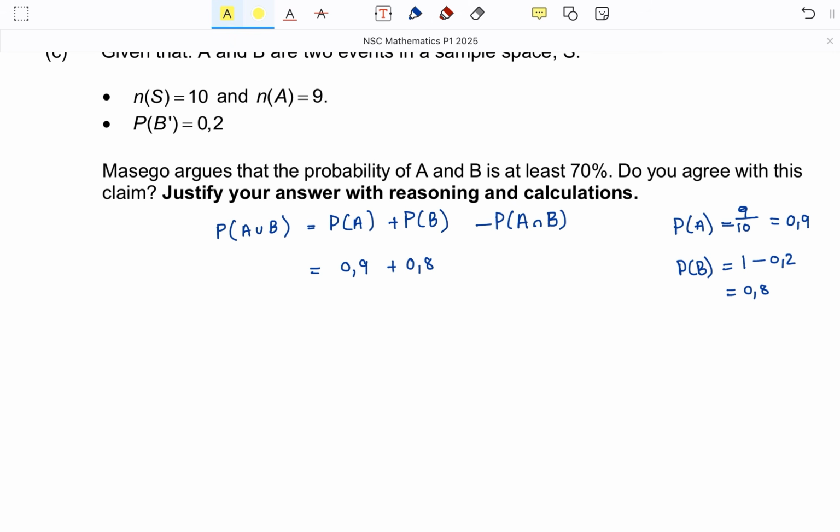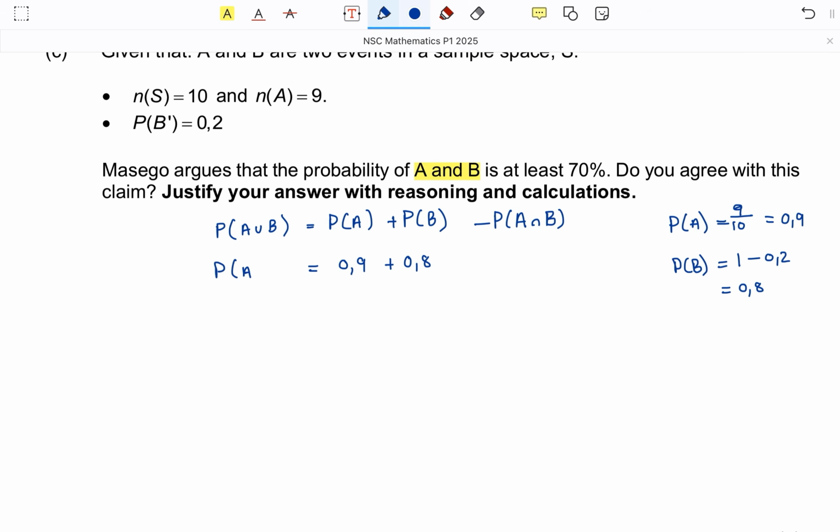Now, this question wants to know about the probability of A and B. So I'm going to move the probability of A and B to the left, and now I will be subtracting the probability of A or B on the right.